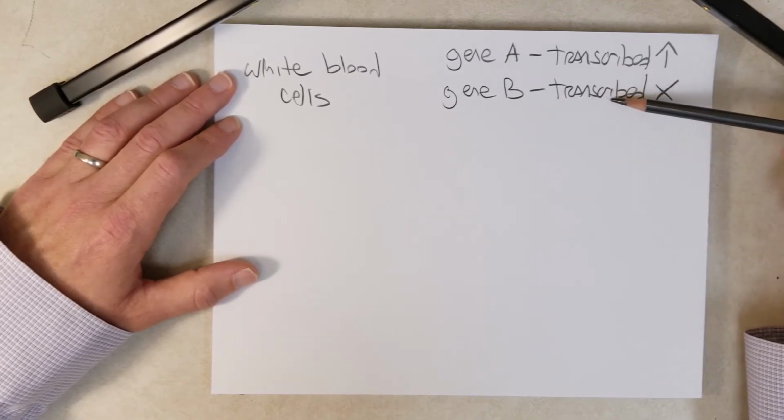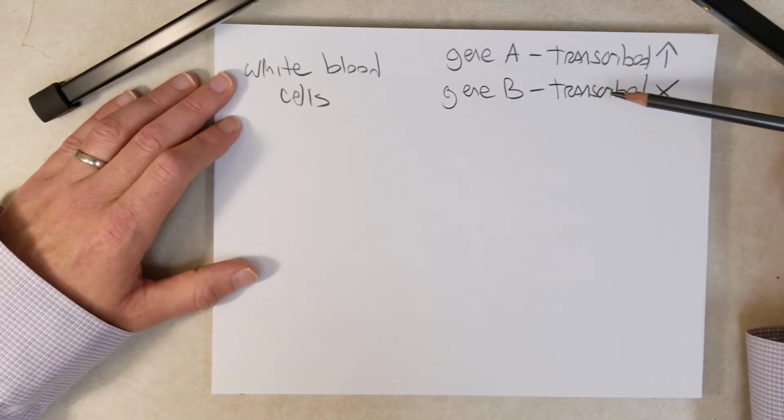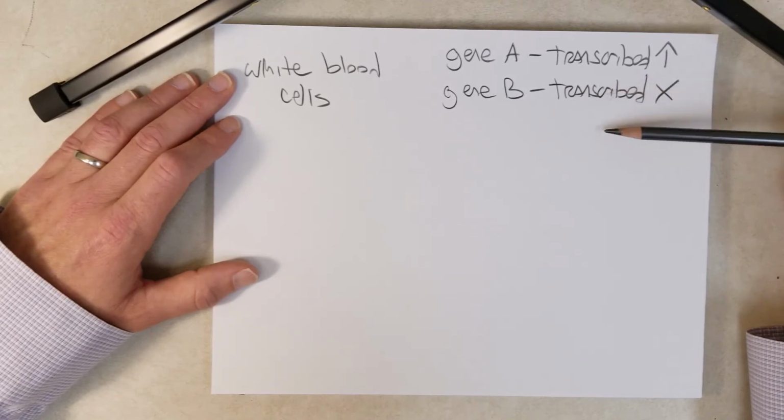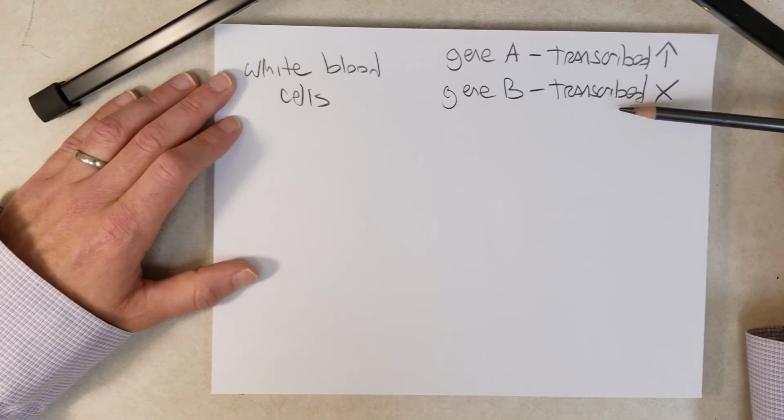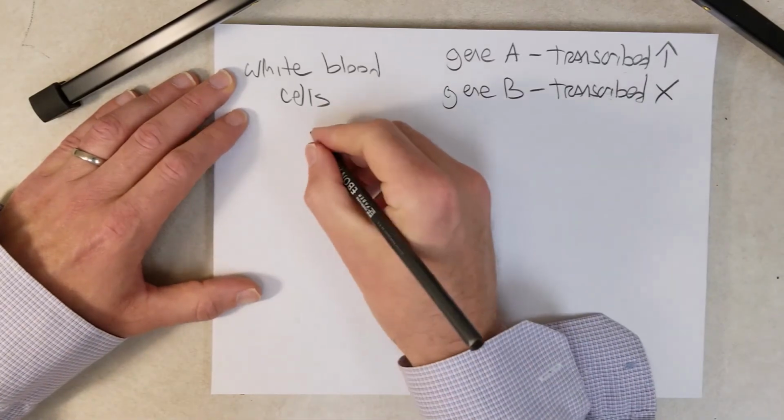And we're very interested in figuring out why. One hypothesis is, well, maybe this part of the genome, for some reason, in white blood cells is closed. It's closed off in white blood cells. Maybe white blood cells don't need those genes, and they closed it off and put that part of the genome in heterochromatin. Well, we can test that hypothesis with the micrococcal nuclease assay.